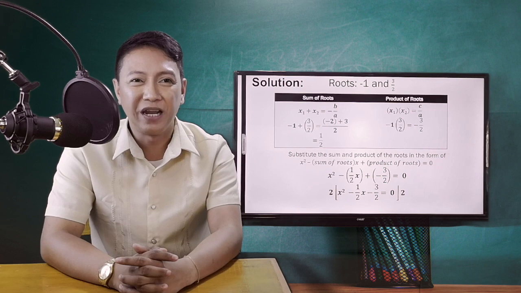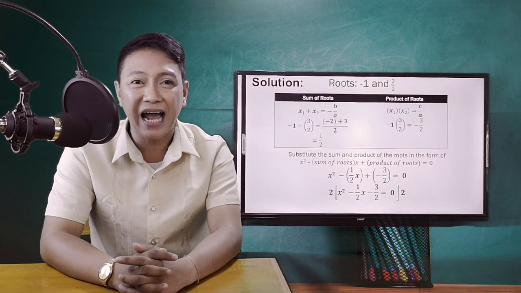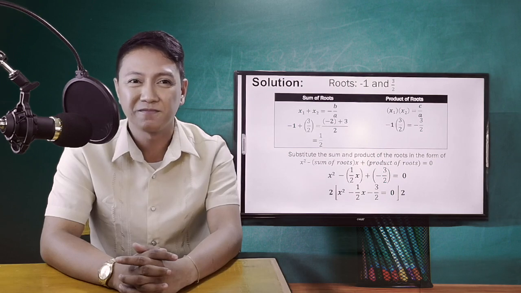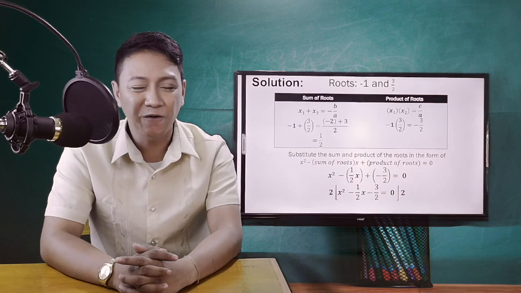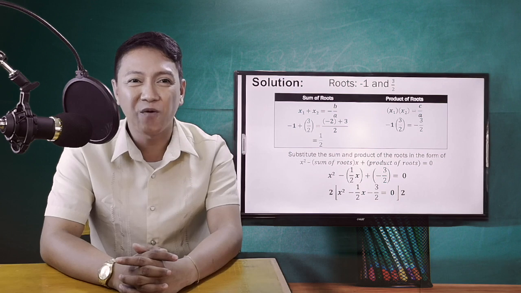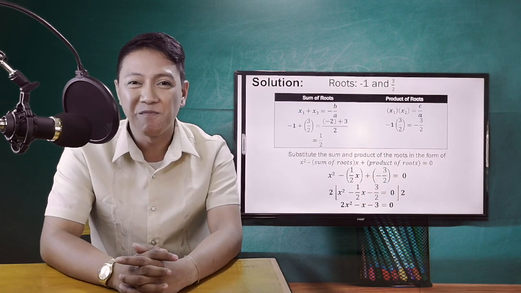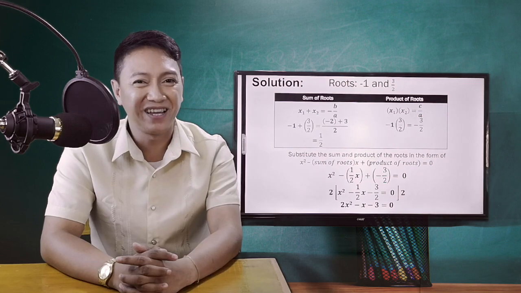Now, to eliminate the fractions, we simply multiply both sides of the equation by 2. Therefore, after simplifying, our equation now becomes 2x squared minus x minus 3 is equal to 0. You get this too? Very good!